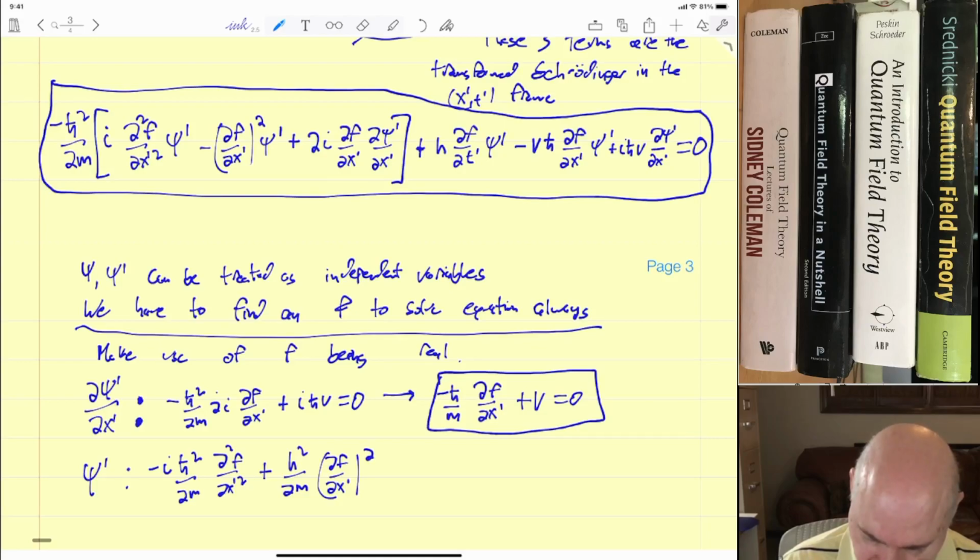Okay, and now that's a derivative. I have plus h bar, the partial of f with respect to time, and I have minus v h bar, the partial of f with respect to x prime equals 0. So that's our second equation.